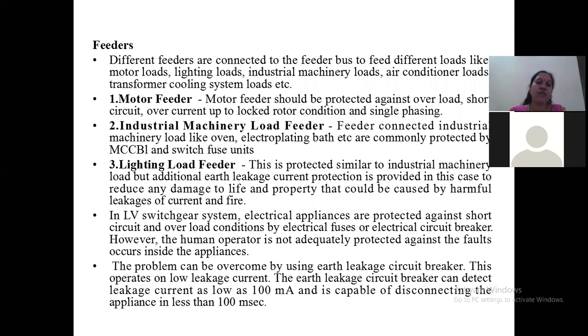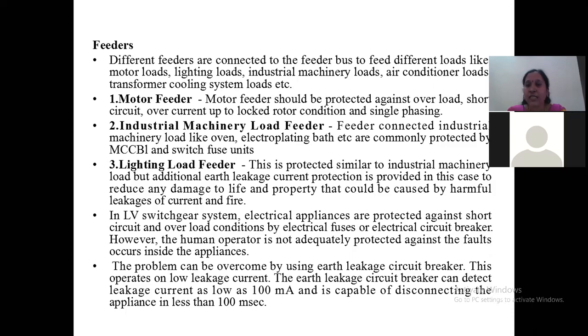See, the LV switchgear system is going to provide the electrical fuses and the circuit breakers. Okay, so in that we are going to protect only the equipment. But if suppose any human is coming in contact with any of the circuitry, maybe he won't be protected.